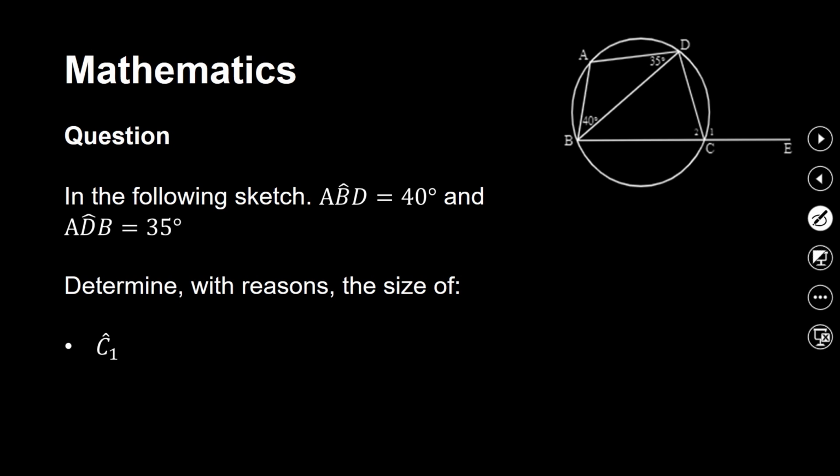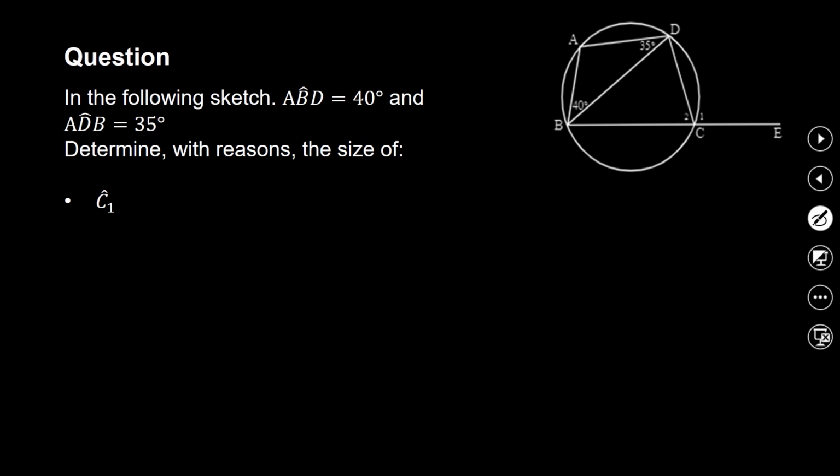So firstly, let me go to the next slide so that I have more space. In triangle ABD, I know that angle A will be equal to 180 degrees minus 40 degrees minus 35 degrees.